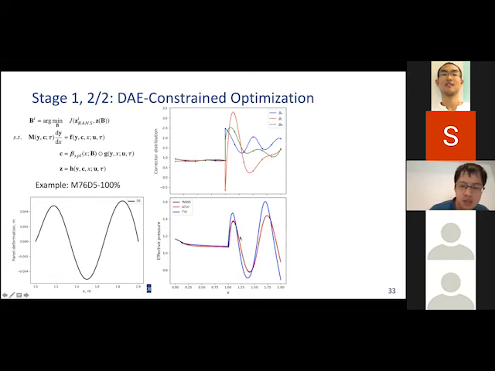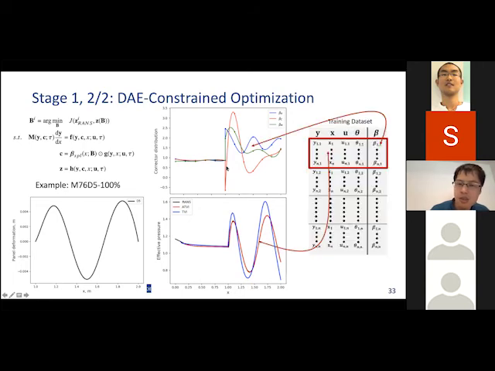But from the optimization, we are able to find almost exactly the pressure that we want, that matches with the RANS solution. In this process, we generate a set of correction factors that only works for this case. But then we collect these correction factors that we find and combine them into a training data set.